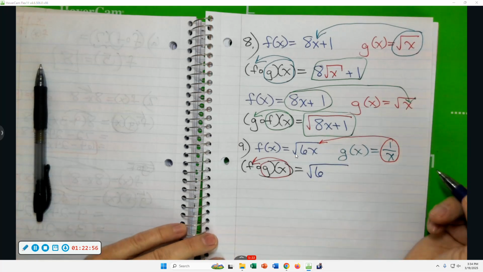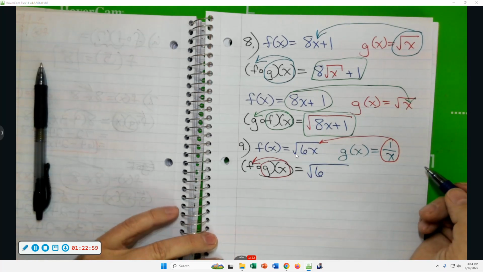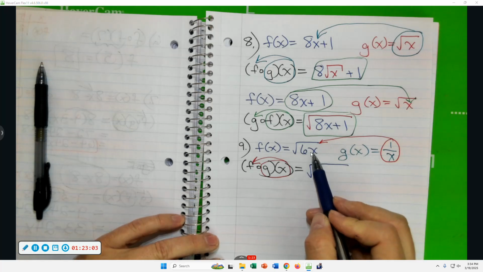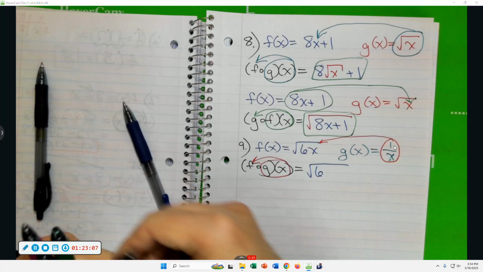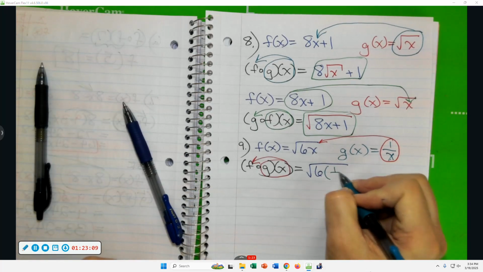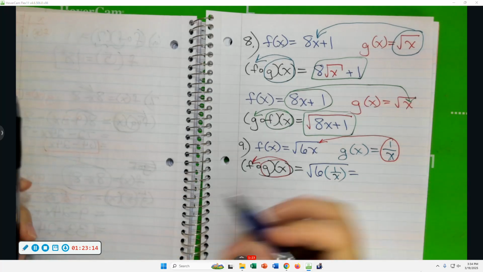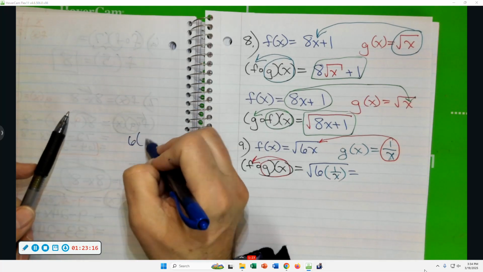This is going to be more involved than the previous one. There'll be a little bit more work because we're going to replace that x with what? 1 over x. And remember, what's 6 times 1 over x?